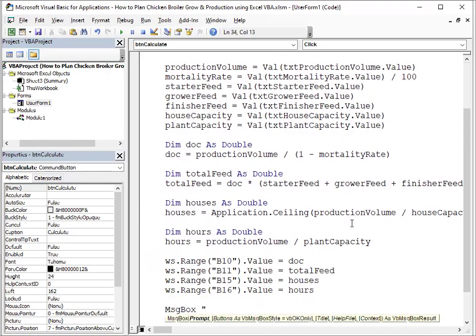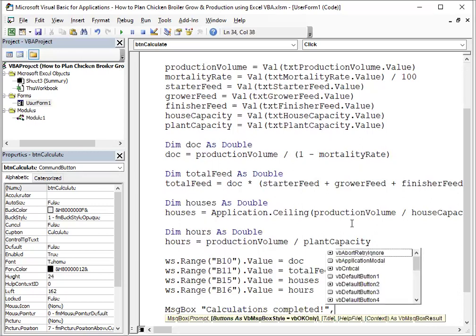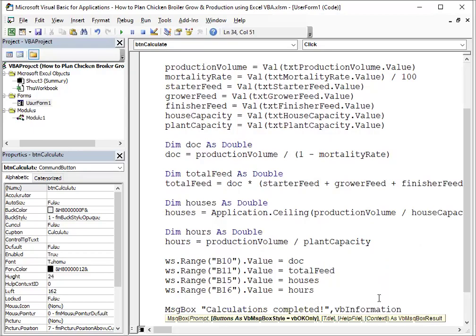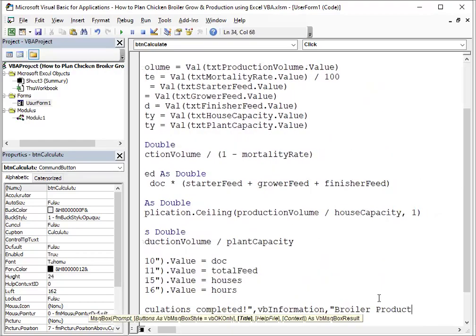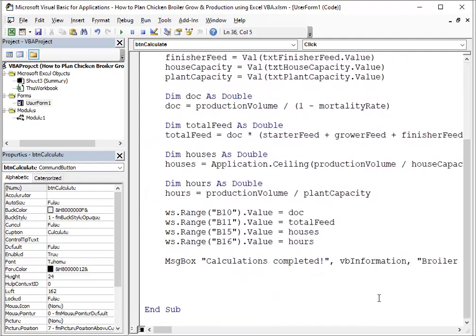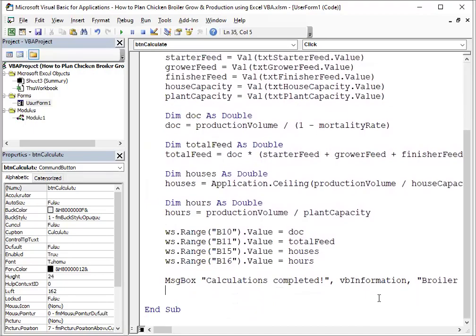The message would be Calculations completed, with VB information, and the title Broiler Production Plan, separate words. Then End Sub.